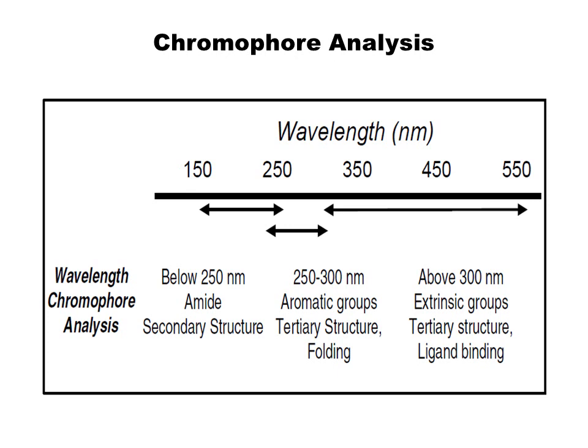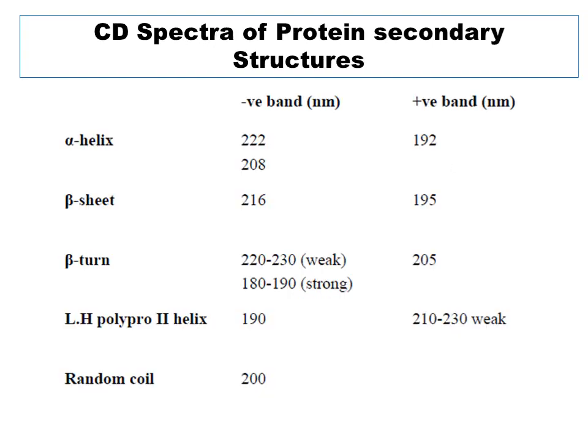And above 300 nanometers, you're looking at extrinsic groups, which again could be due to ligand binding. Again, you don't have to learn off any of these details. It's just summarizing where you would see negative bands and positive bands for each of these types of protein structures.